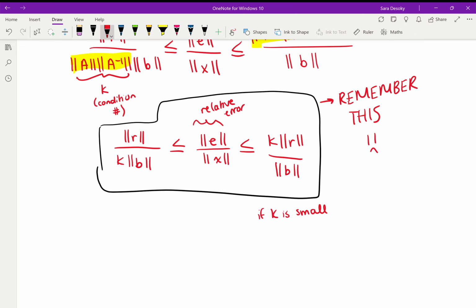Imagine the condition number is 10. This will be 10 times the relative residual. This will be 1 over 10 times. Already it's giving a hint. Suppose the condition number is 10 to the 6. This will be 10 to the 6, and this will be 10 to the minus 6.